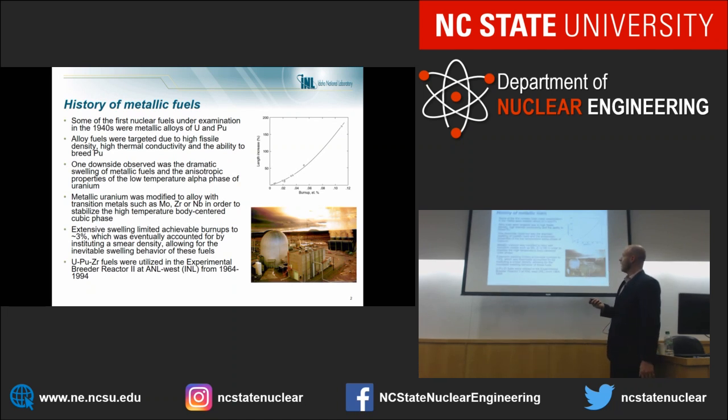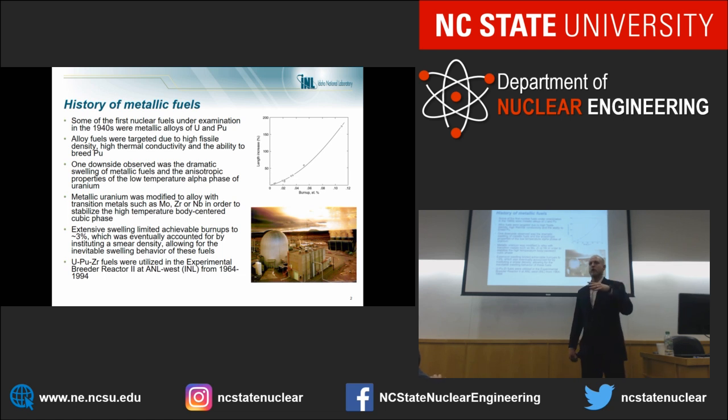So what they started to do is to alloy metallic uranium with transition metals such as zirconium, niobium, moly, in order to stabilize the high temperature BCC phase. The lower temperature phase of uranium is alpha U, which is a face-centered orthorhombic structure that is very, very messy and has a lot of anisotropic properties, which we don't want inside a fuel reactor.